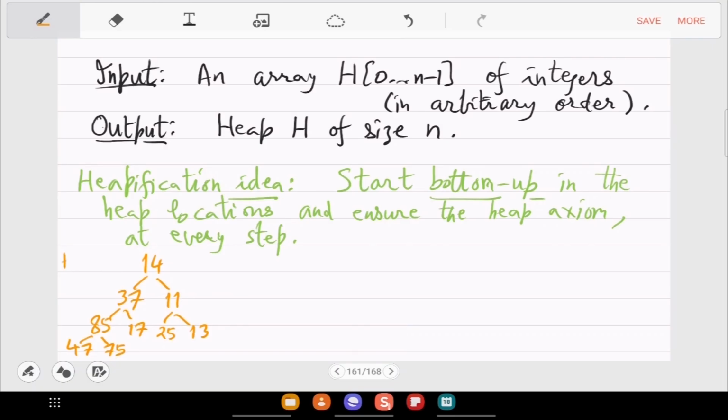So this is the heap array. So the array will, if you recall the syntax, the 0th element is 14, right? So the array looks like this.